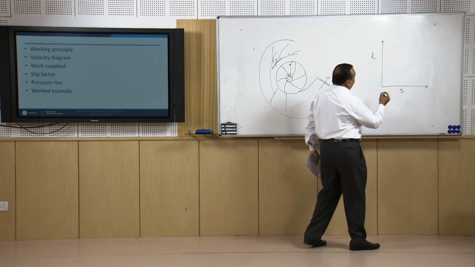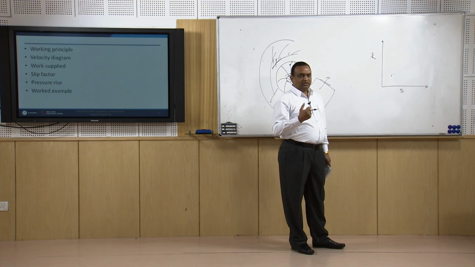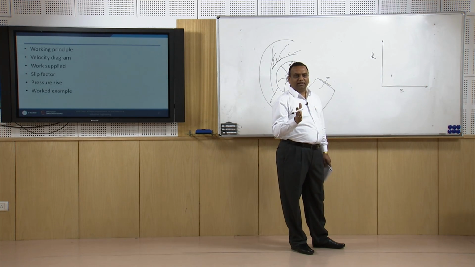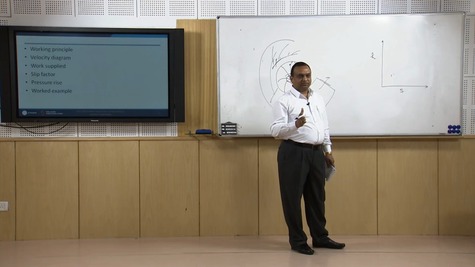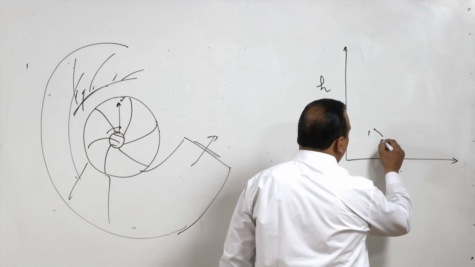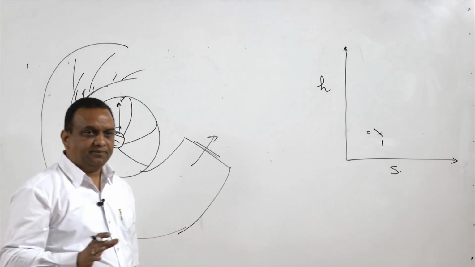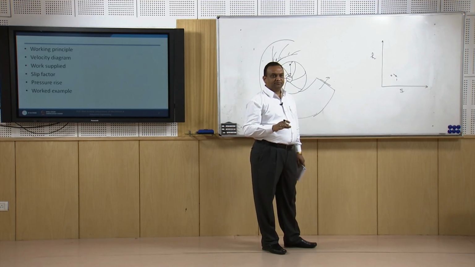Air is available at state 1, and it is sucked into the compressor. The pressure at the suction of the compressor is below the atmospheric pressure, only then can air be sucked in, and it is not an isentropic process. So, we can say the process is 0 to 1. This is entry to the compressor at reduced pressure.